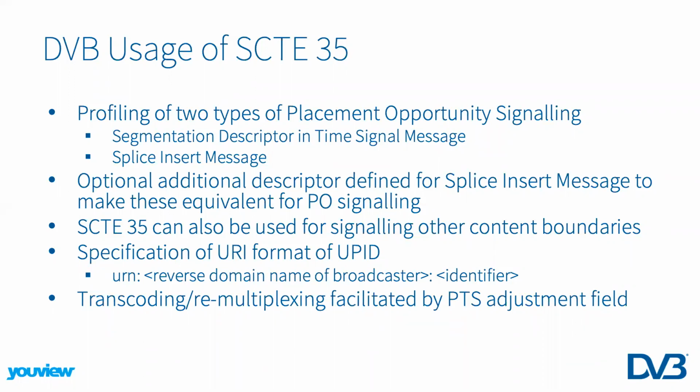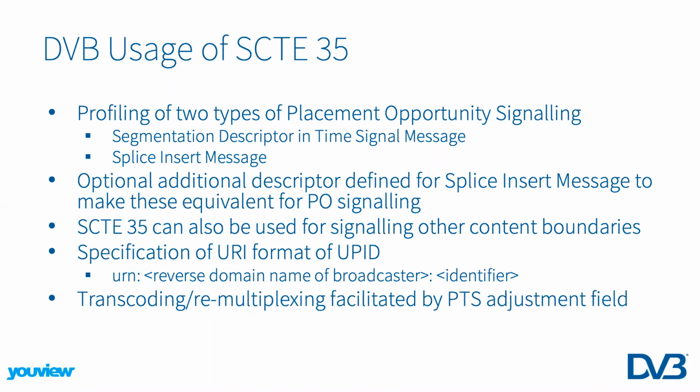We do specify, to enhance interoperability, a specific format of the unique program identifier that's found in the segmentation descriptor. And so we specify a URI format that guarantees interoperability by using the namespace of the domain name of the broadcaster as a way of ensuring unique spaces, followed by an identifier.